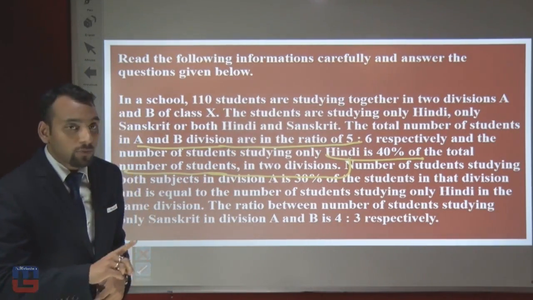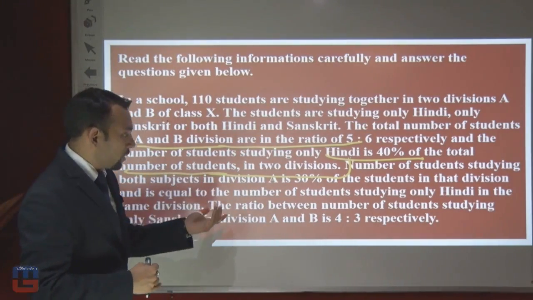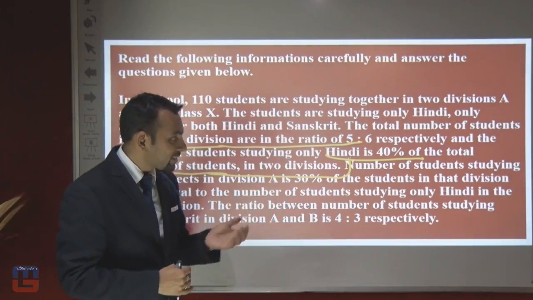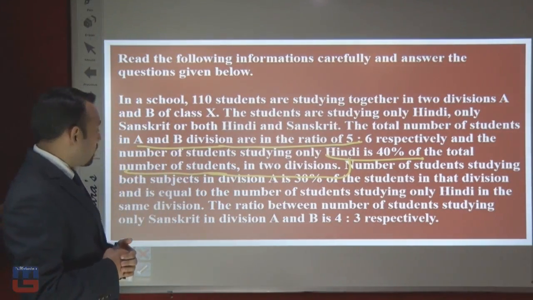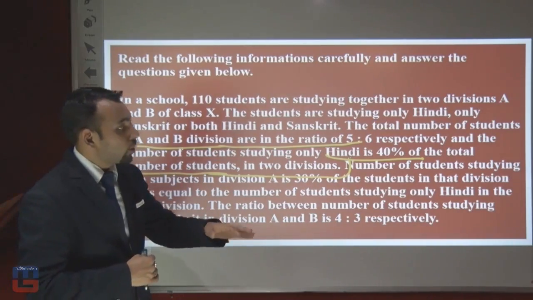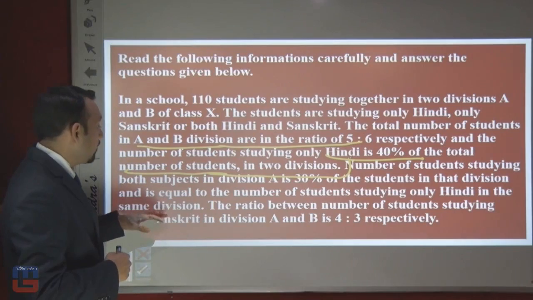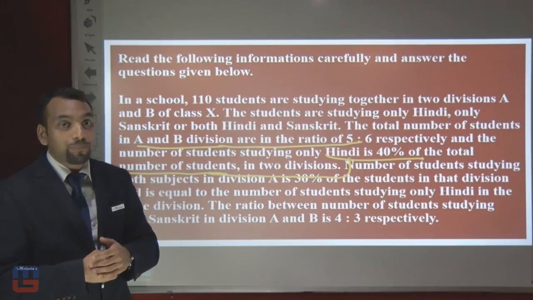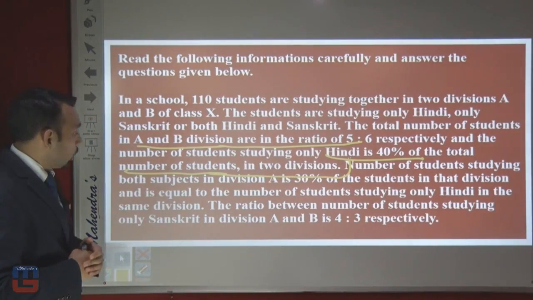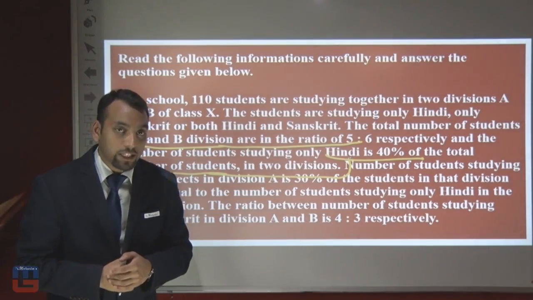Now we will discuss firstly the number of students studying both subjects in division A, which is 30% of the students in that division, and is equal to the number of students studying only Hindi in the same division, and the ratio between the number of students studying only Sanskrit in divisions A and B is 4:3 respectively.